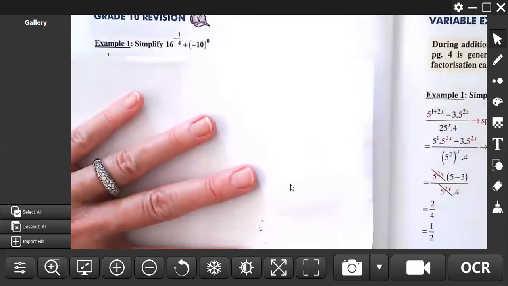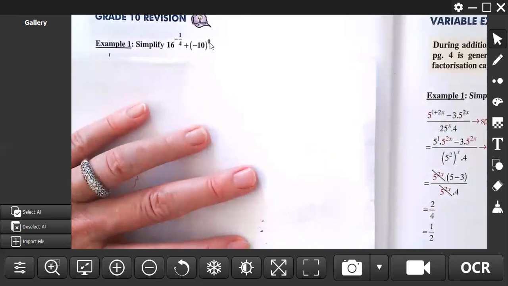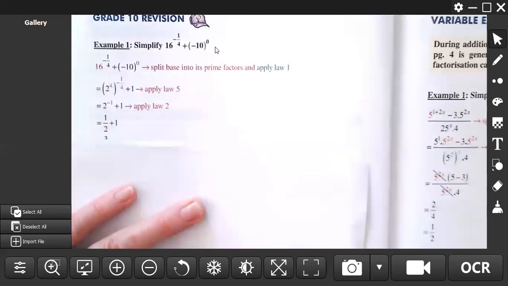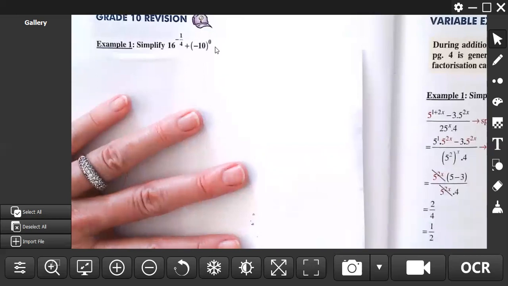The first one, simplify 16 to the power of minus a quarter plus minus 10 to the power of 0. I want you to write down this example exactly as we have it here. You can pause the video and write down as we go on.